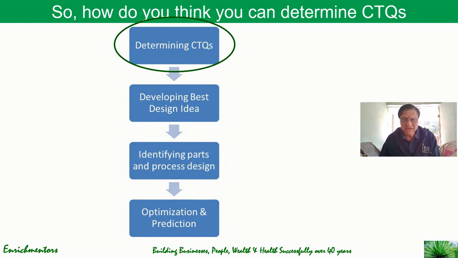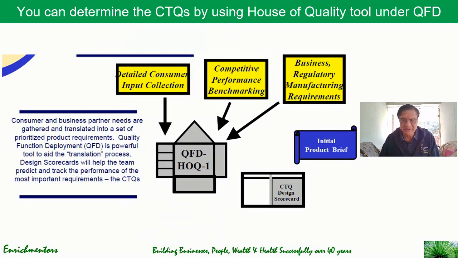Okay. So, you determine CTQs by a very established process called the house of quality under quality function deployment, QFD, which is a step-by-step process, as you will see in the next slide. But at this point of time, let me suffice it to say that you start with first understanding the detailed customer input requirements, comparative benchmarking of performance, business, regulatory, and manufacturing requirements, and you then translate these set of requirements.